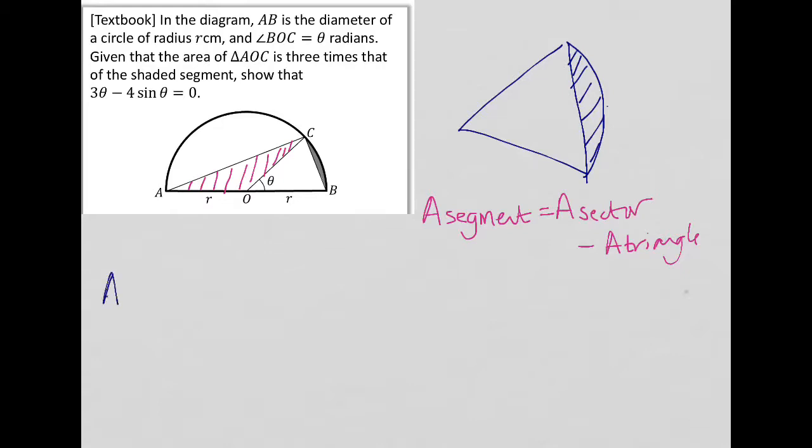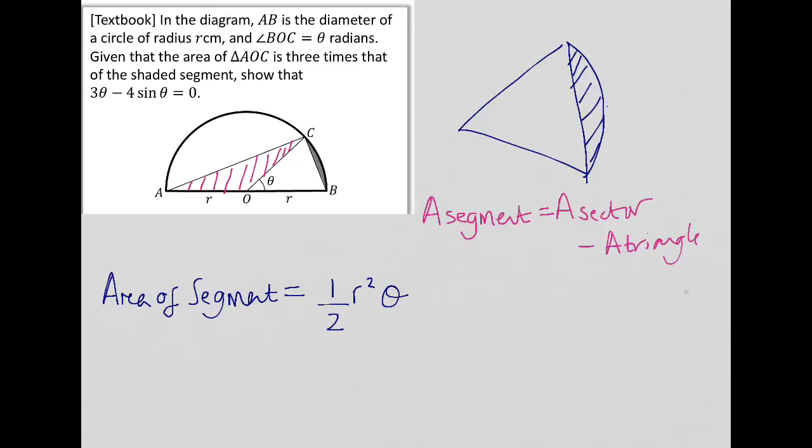So area of the segment is equal to the area of the sector, which is half r squared theta, minus the area of the triangle. Now you're going to think, oh, how do I find the area of a triangle?